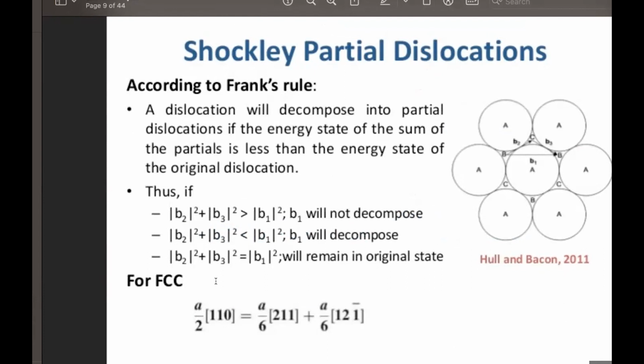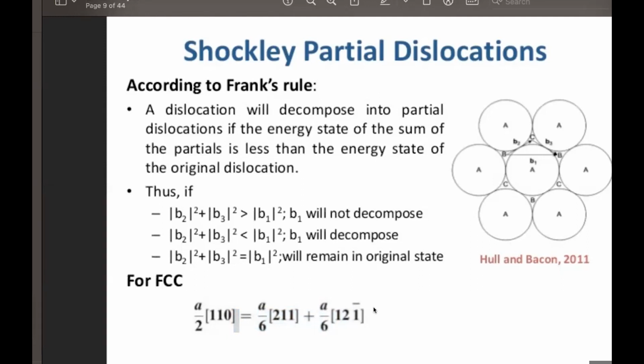If you compare the energies, you just need to find the energy of this one and this one. And if the summation of the energies of these is less than the energy of this one, of course, we will have some breakage, some decomposition.